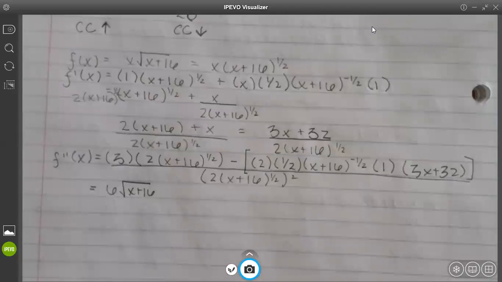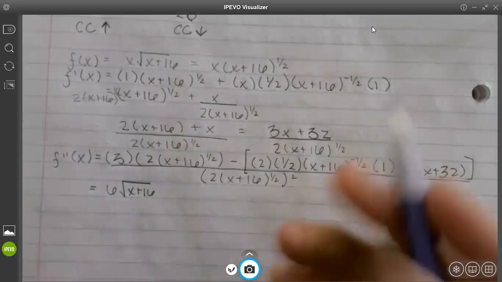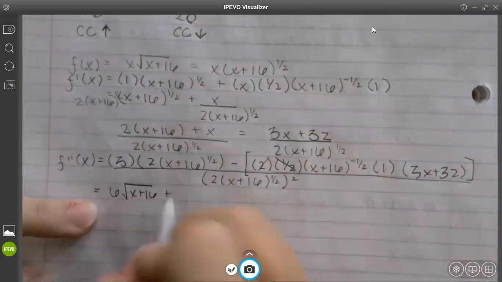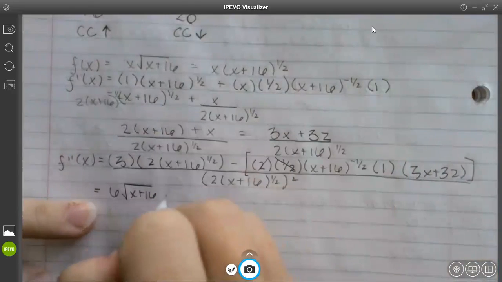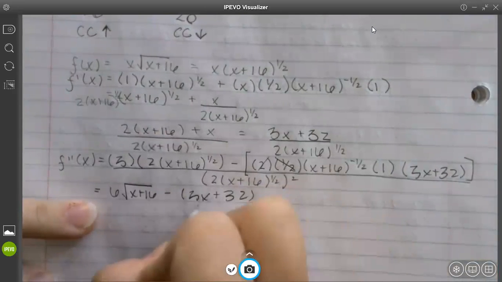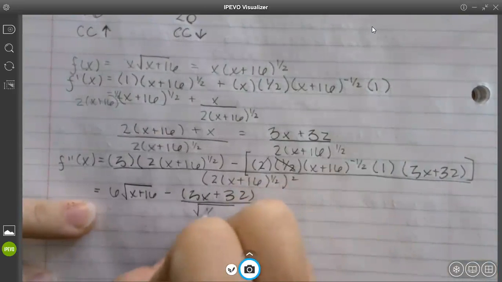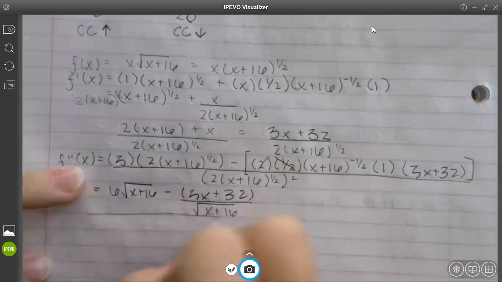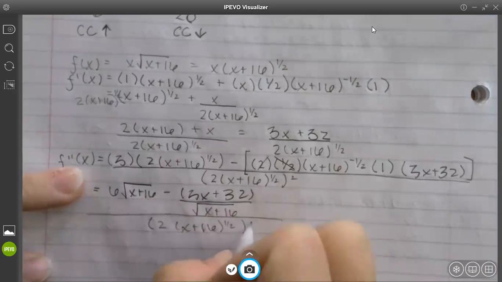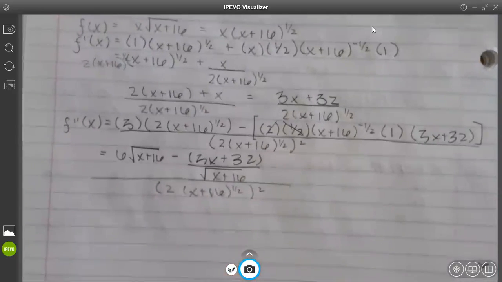Your 2 and your 1/2 will cancel out. You'll have a minus 3x plus 32 over the square root of x plus 16, all over 2 times x plus 16 to the 1/2 squared. And we can clean that up in a minute. I just want to focus on the top.